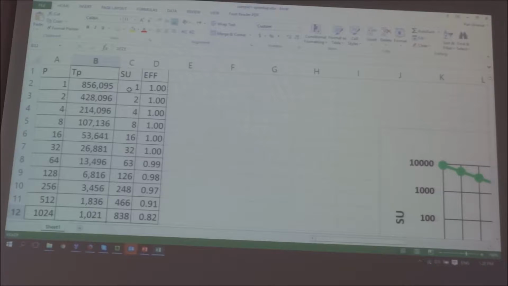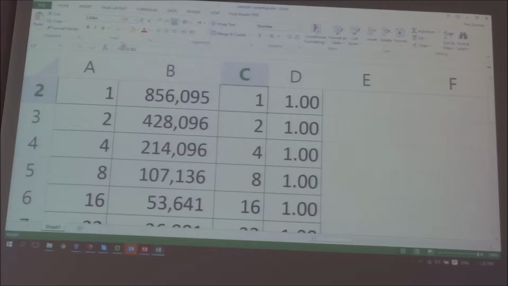Then in speed up, I don't know how to include the formula, but you see the formula. So speed up is this number divided by itself. But for number 2, it's T2 divided by T1. So, T1 divided by T2. The $2 means always look at this constant cell and divide it by this variable.